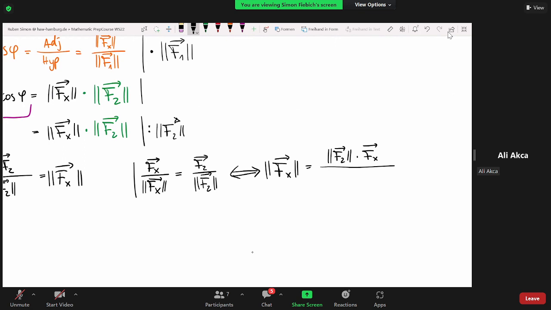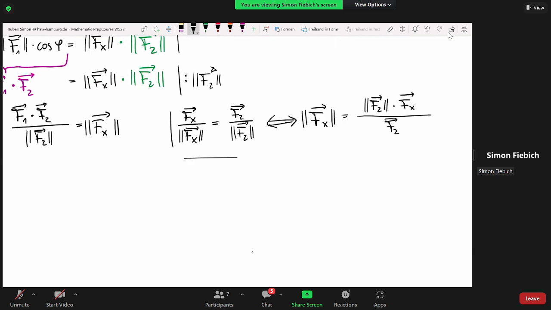Yes, sure, over f2. Sure, vector f2. Correct. So this would be this equation transformed.